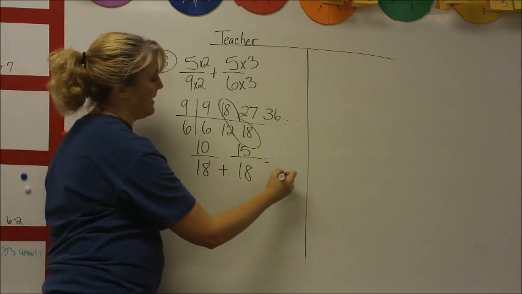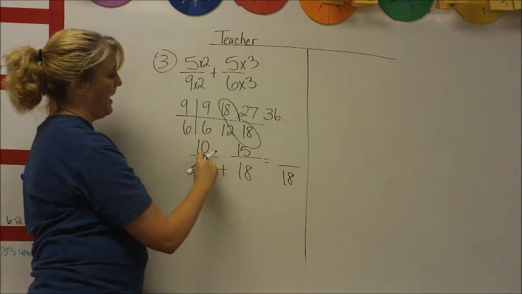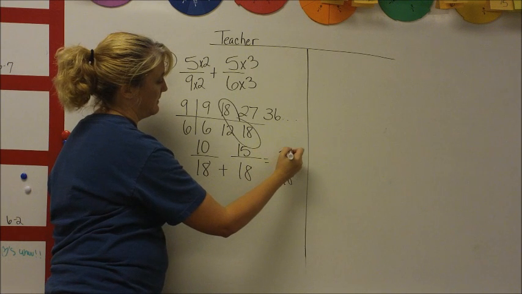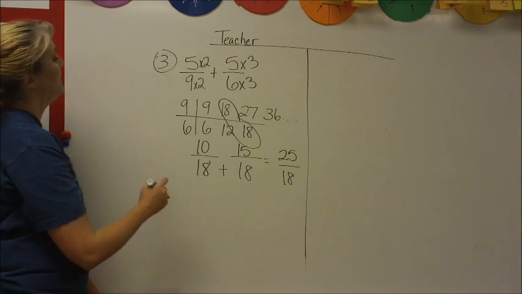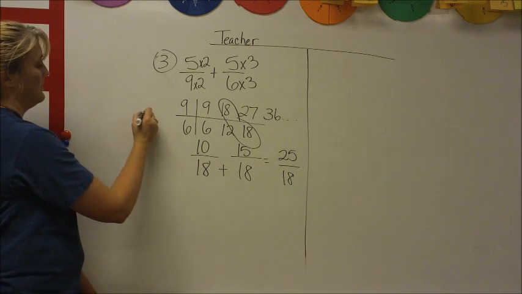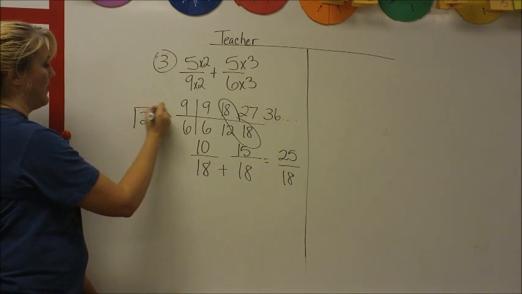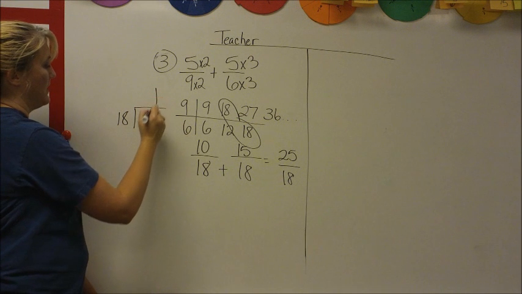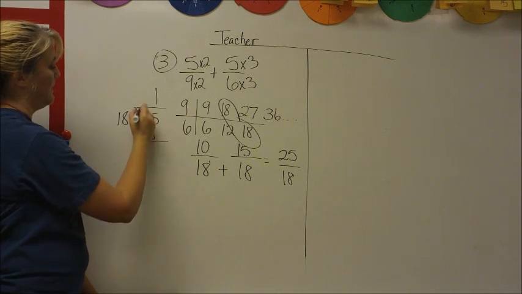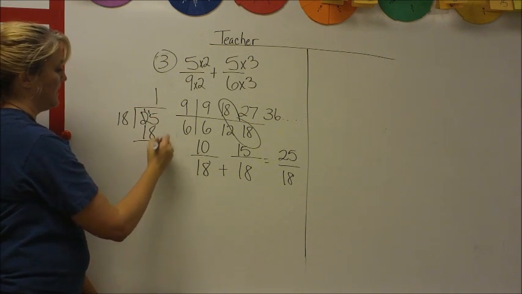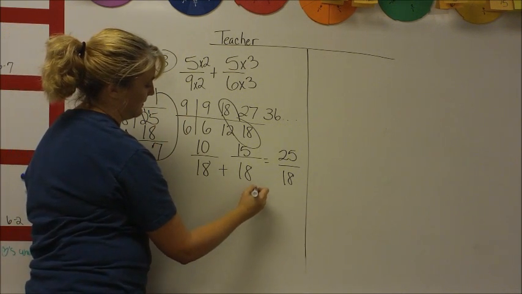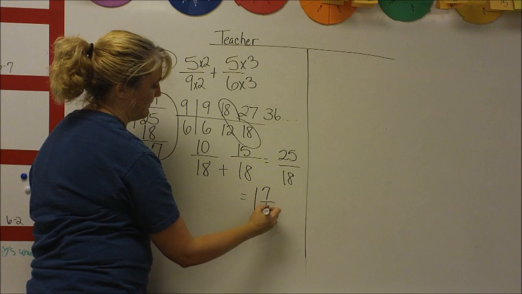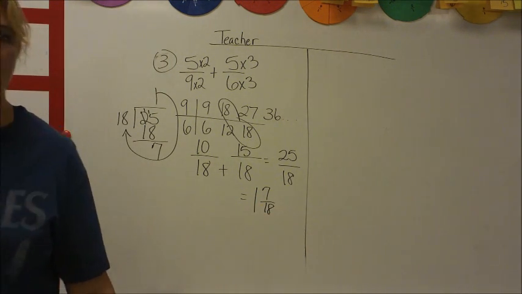Okay, keep my 18 on the bottom, add the numerators, and I get this improper fraction. All right, I'm going to do the division. 25 divided by 18 goes one time, and if I subtract, I get 7 left over. 1 and 7/18. Okay?